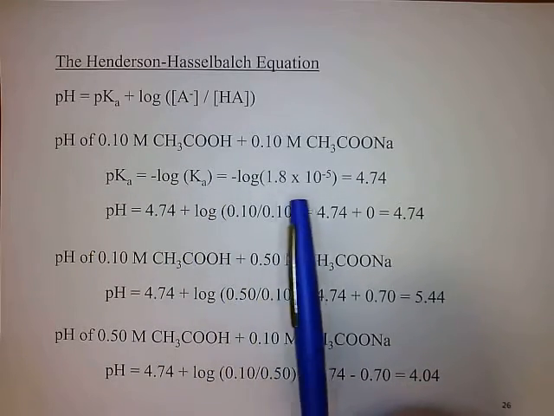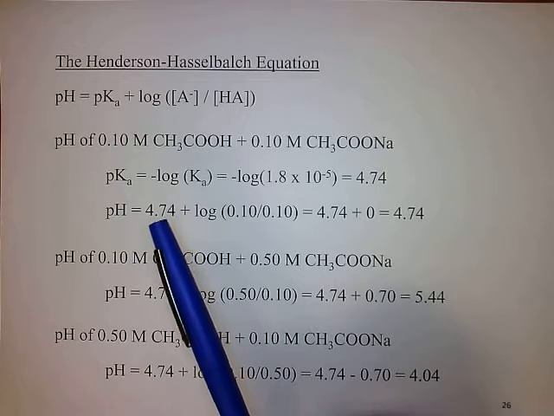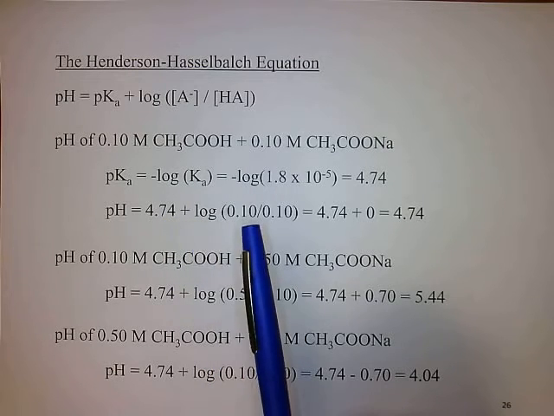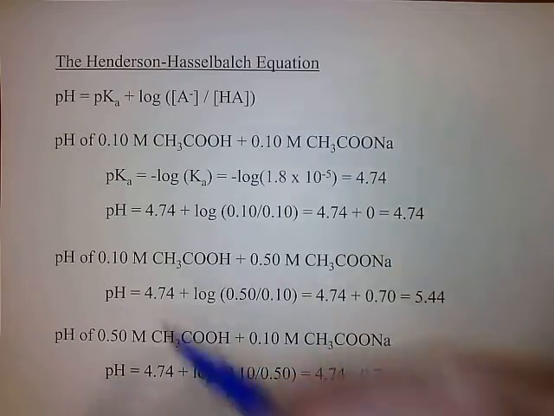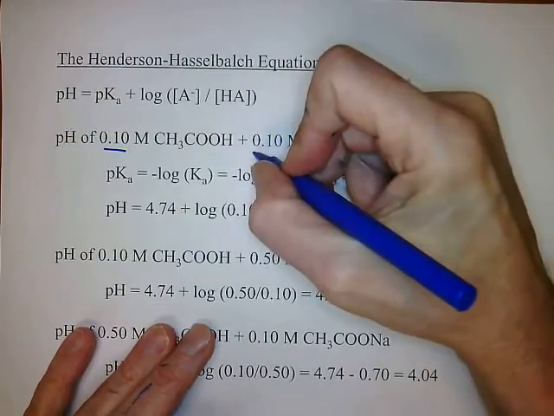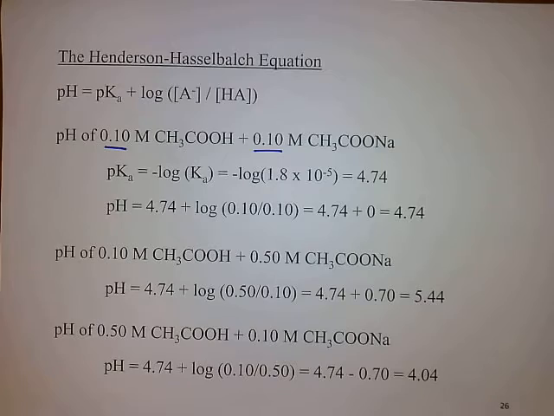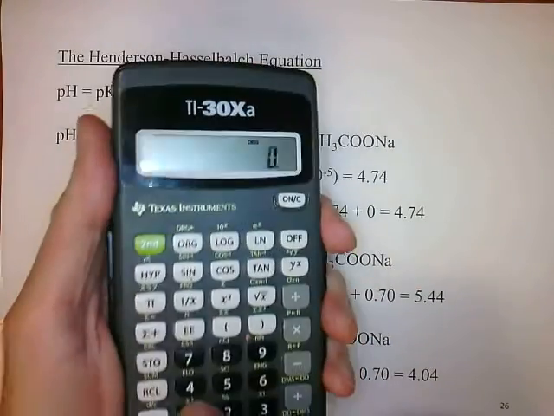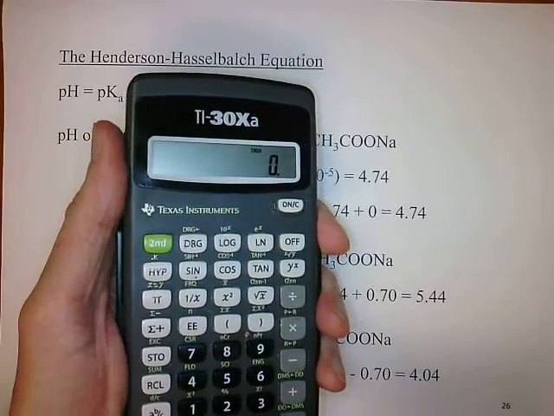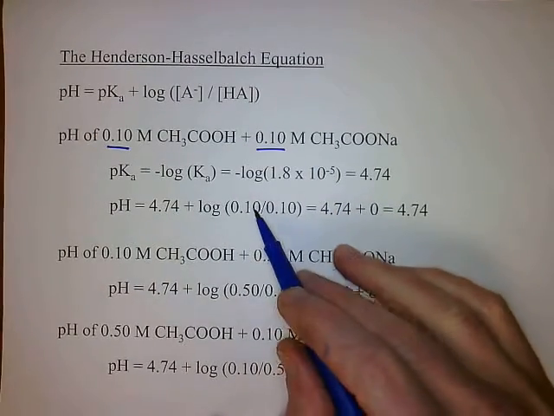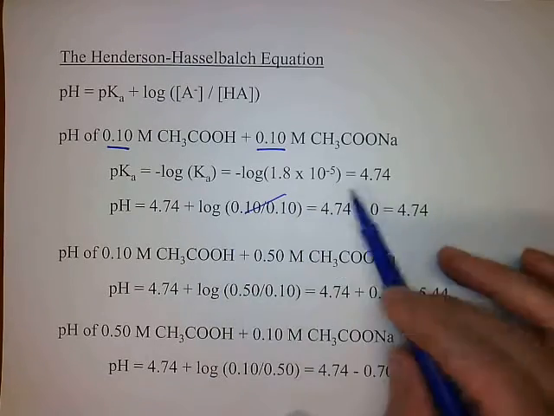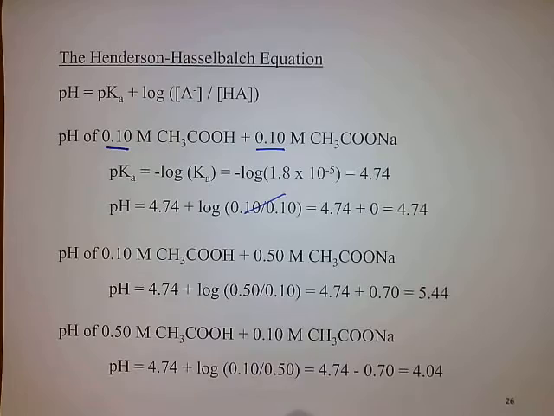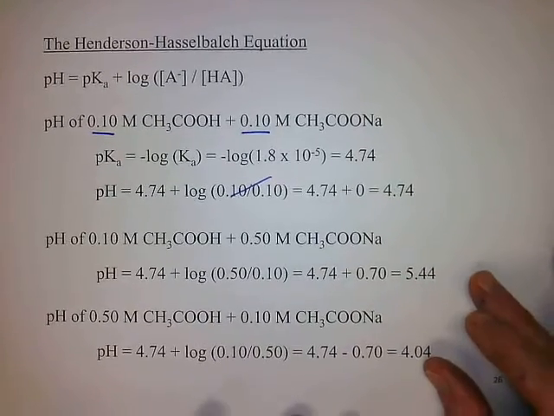So negative log of 1.8 times 10 to the minus fifth, that's 4.74, plus the log of 0.1 over 0.1. Two concentrations are the same, 0.1 and 0.1. Alright, so anything divided by itself is 1. What's the log of 1? It's 0. Okay, which means this term drops out. So basically 4.74 plus 0, pH comes out to be 4.74.